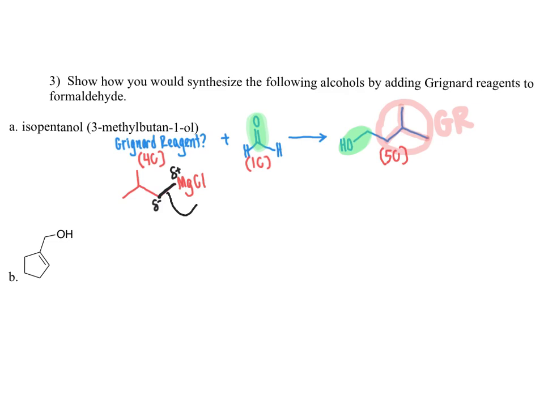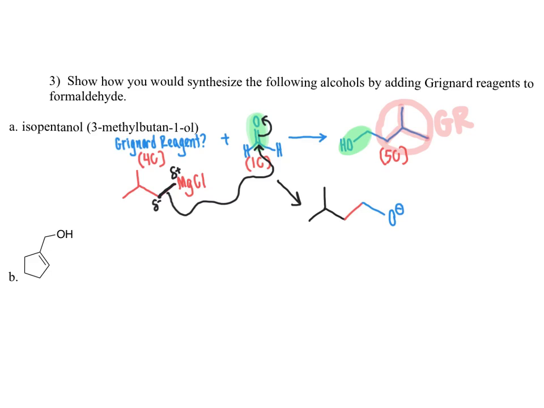So that carbon really acts as a carbanion, highly nucleophilic, comes in, attacks the positively polarized carbon here, and the pi bond goes up onto the oxygen. As a consequence of that step, I'm going to show my newly formed bond here in red, and what originated from the formaldehyde in blue.